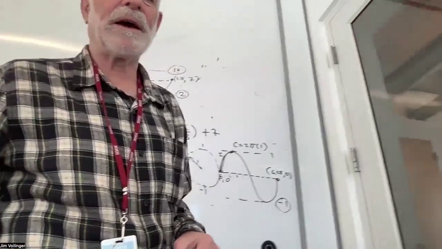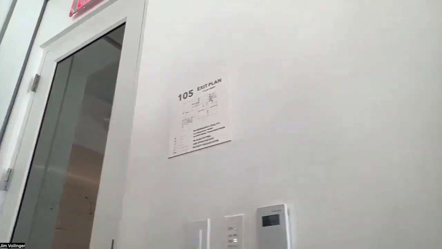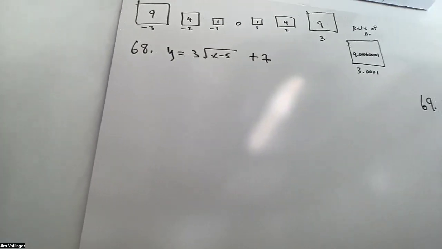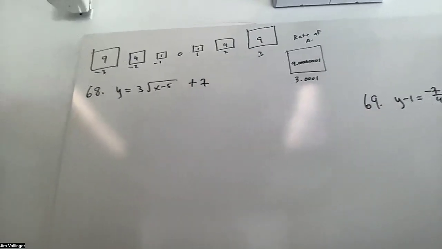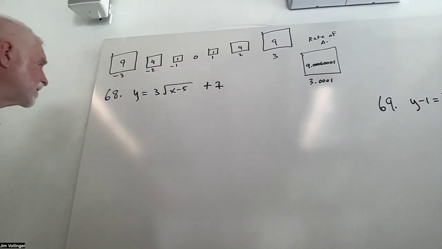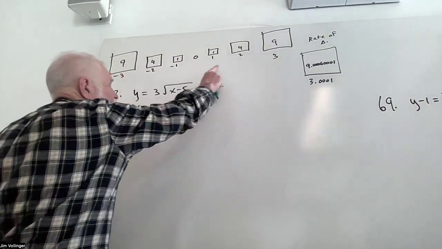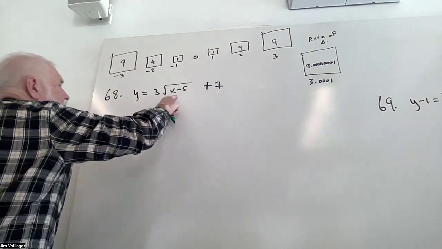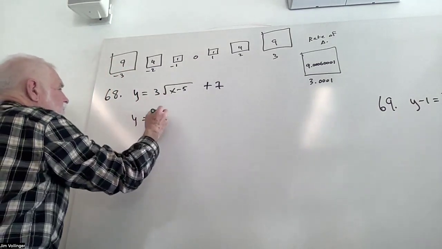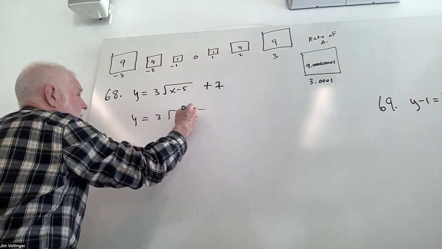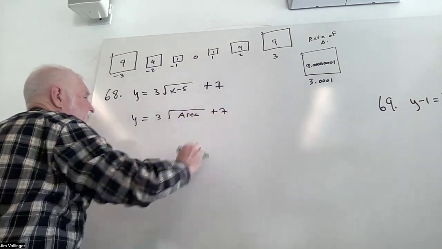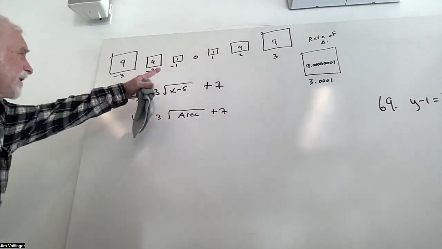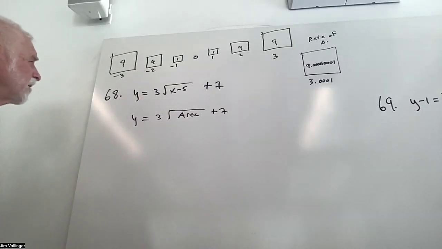Let's keep moving along. We had a conversation. The more conversations you have, the more you start the process. We'll continue those conversations. So here's the relationship. Area y equals 3 times the square root of area plus 7. Well, I got some friendly areas and I have some unfriendly areas.